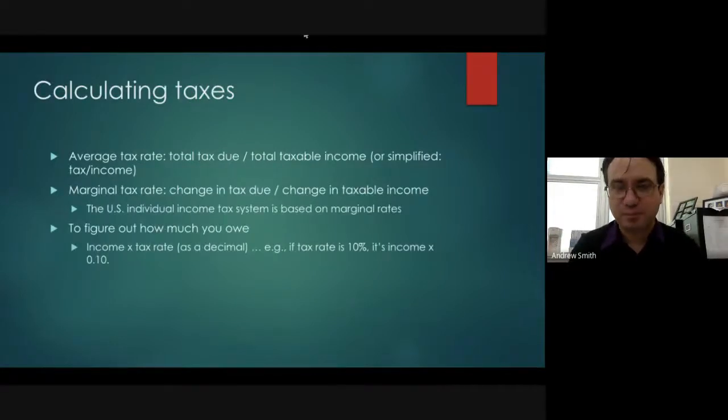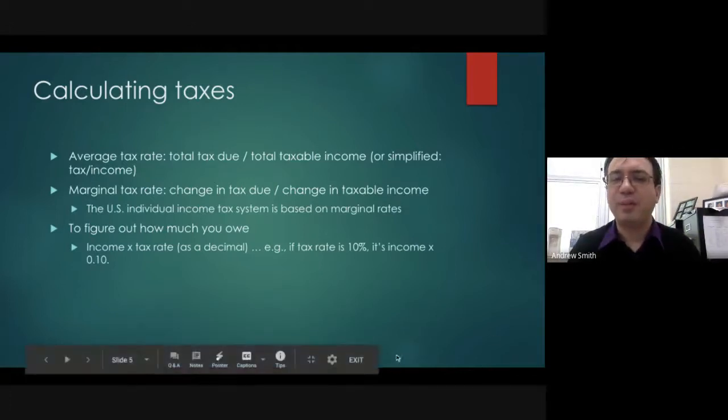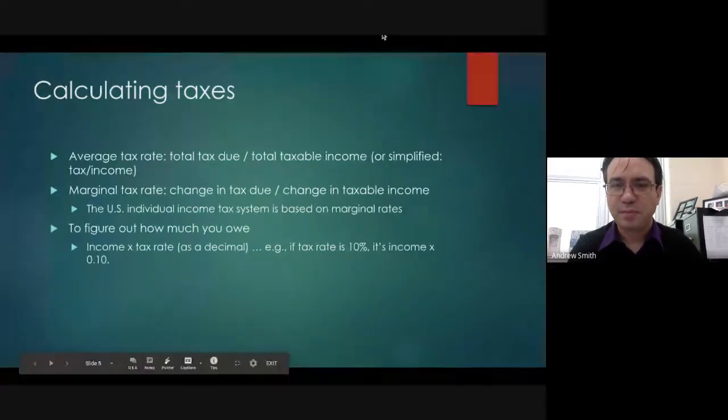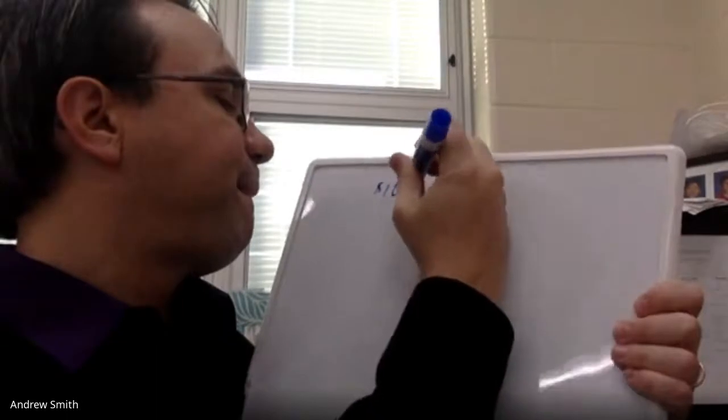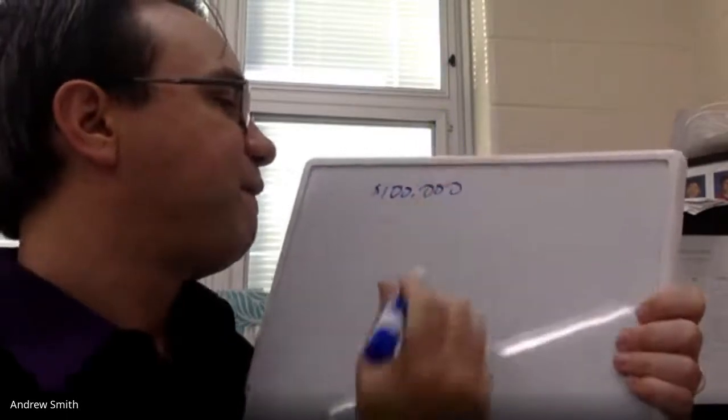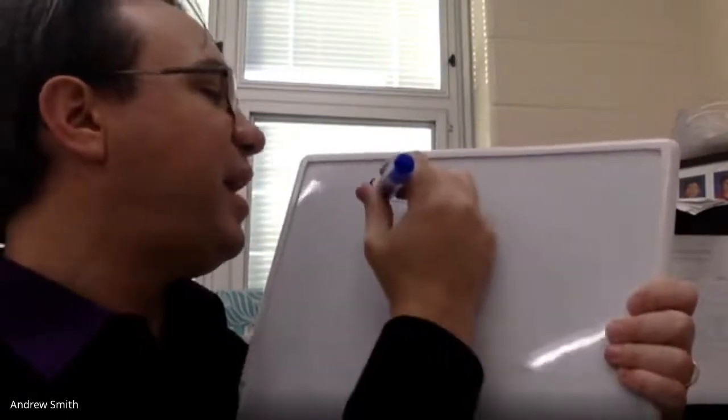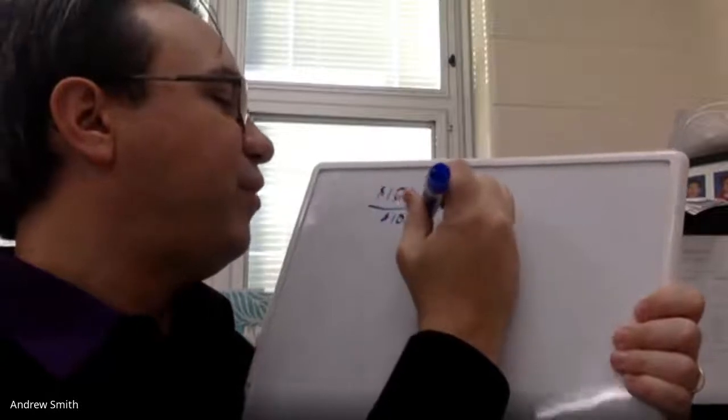And so, you know, I'll give you an example here on average tax rate real quick. So, for example, let's say I made $100,000 and my tax was $10,000.